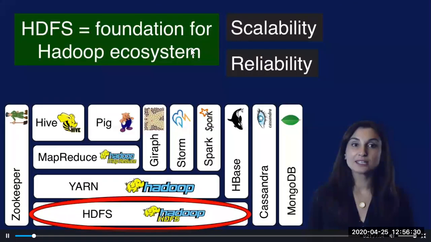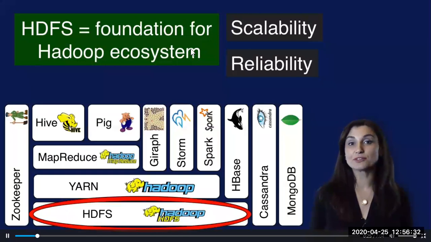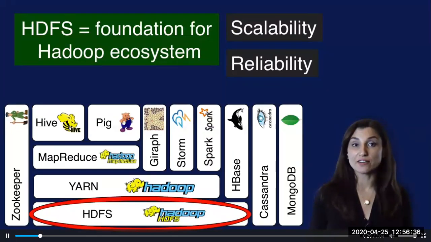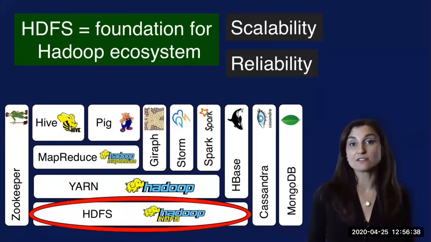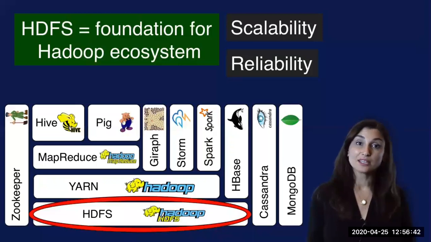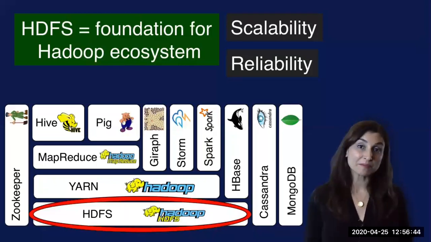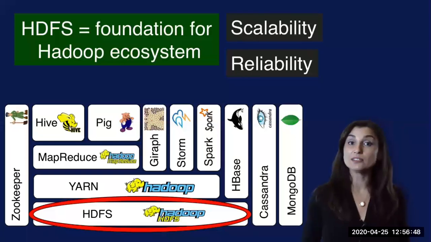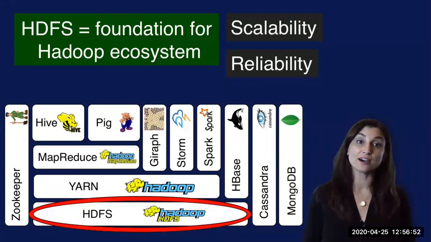It is the storage layer. The Hadoop distributed file system, or HDFS, serves as the foundation for most tools in the Hadoop ecosystem. It provides two capabilities that are essential for managing big data: scalability to large data sets and reliability to cope with hardware failures.